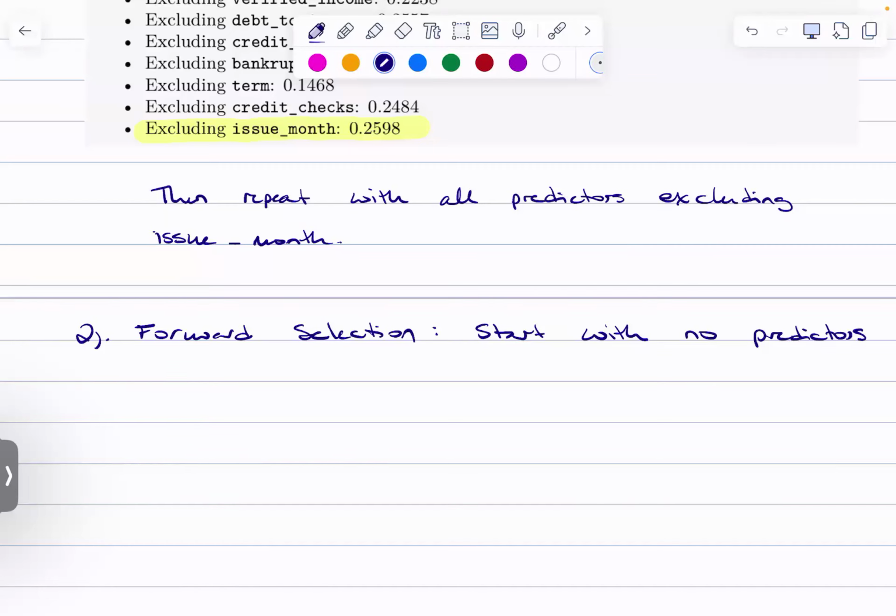Then fit the model with each predictor on its own.